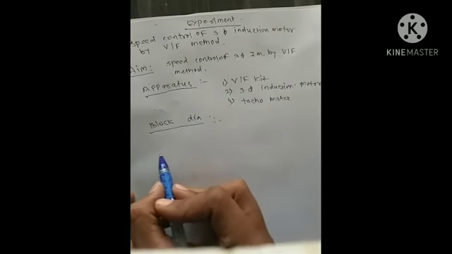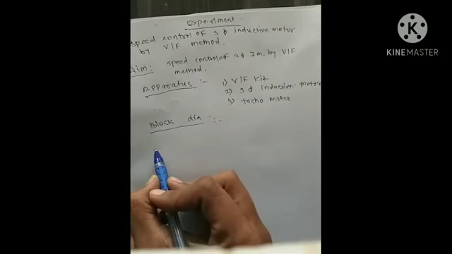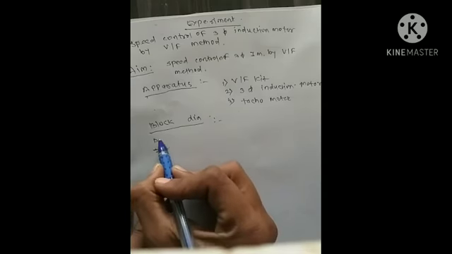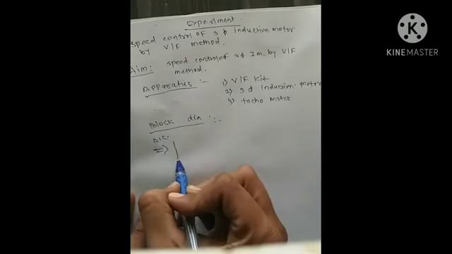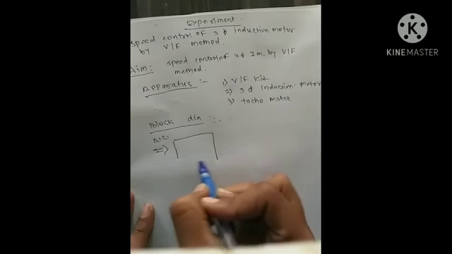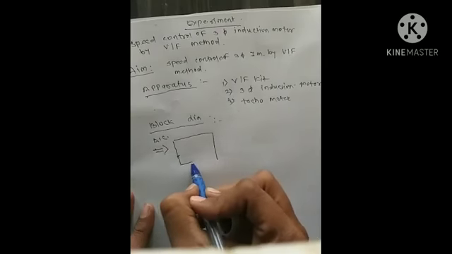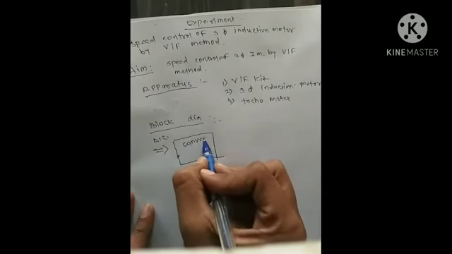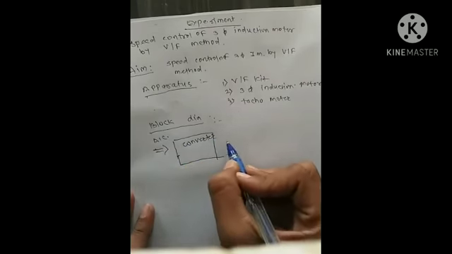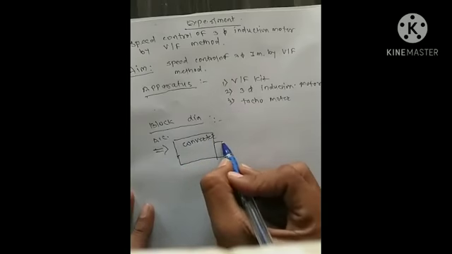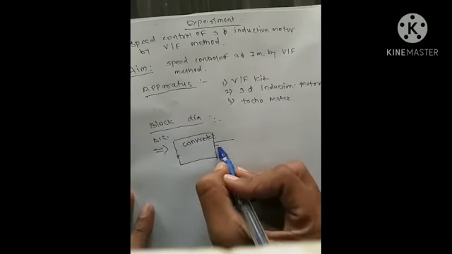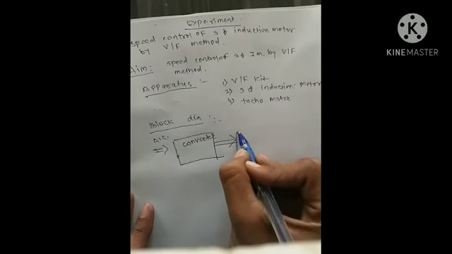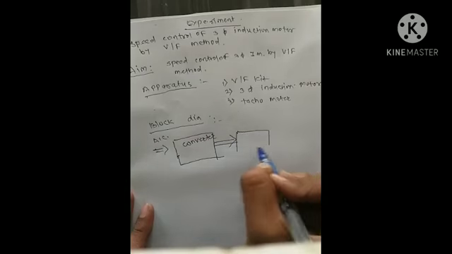First we give an AC input to the converter, and the input of the converter is AC. After that the converter gives output as a DC to the inverter.